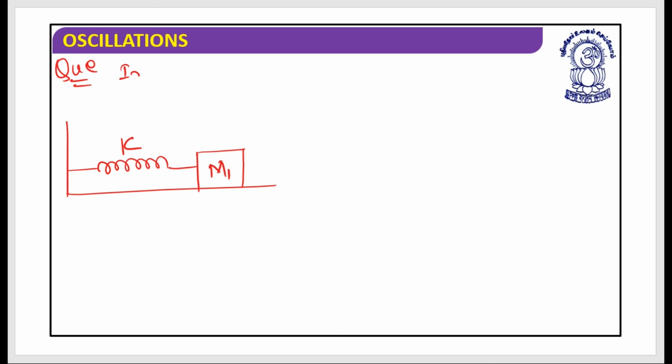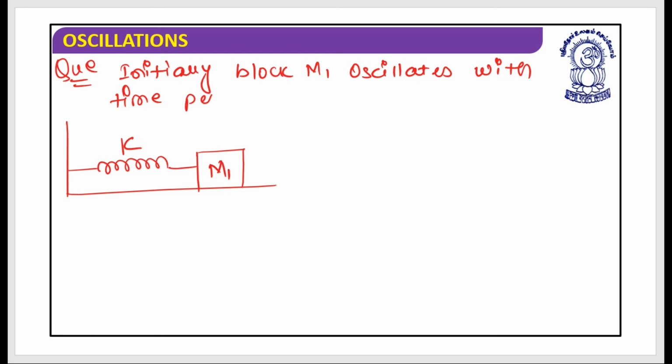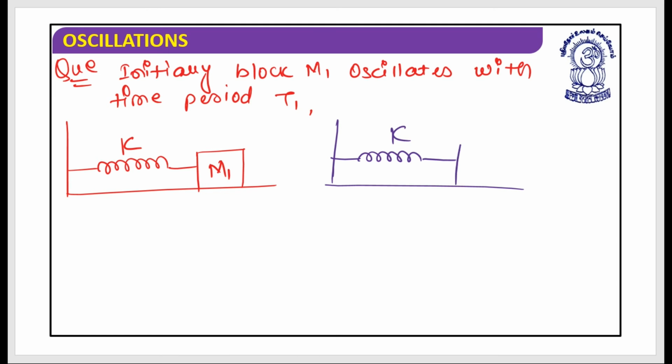So initially block m1 oscillates with time period T1. Now the next instant happens when this happens: a block, a spring having spring constant k, this was m1 and this is block m2.